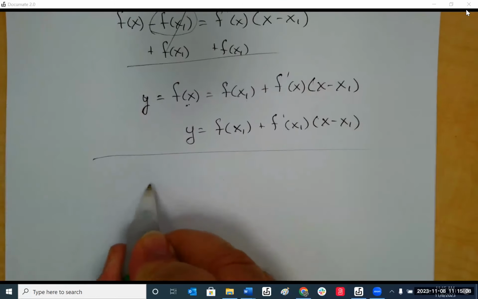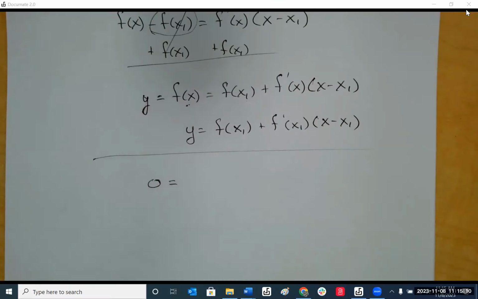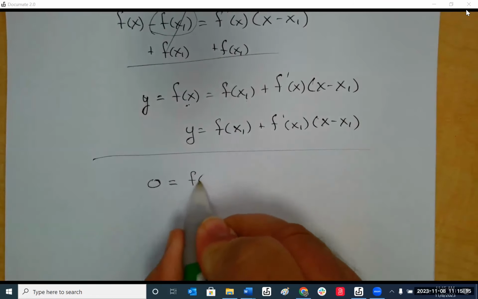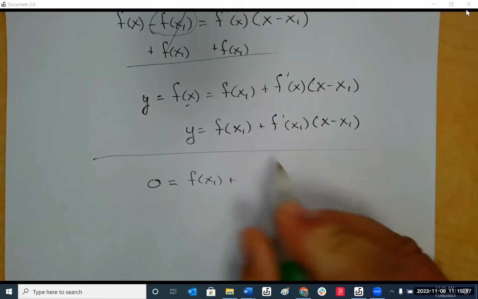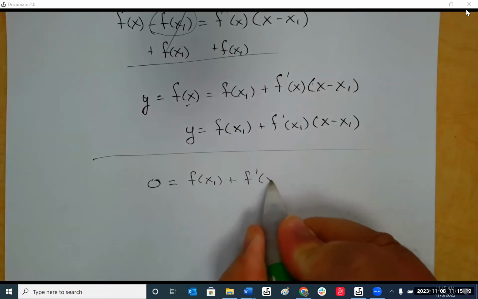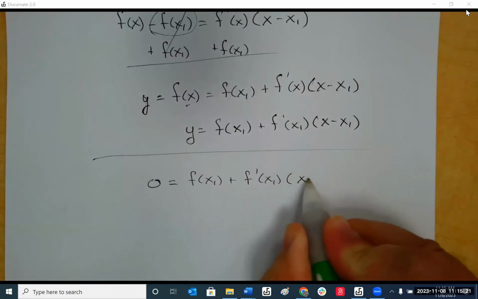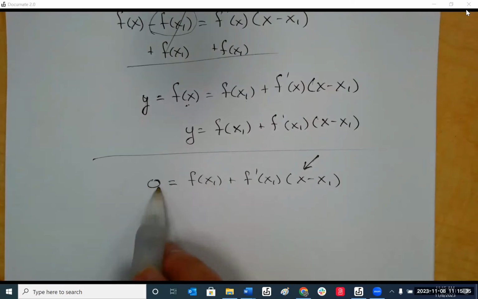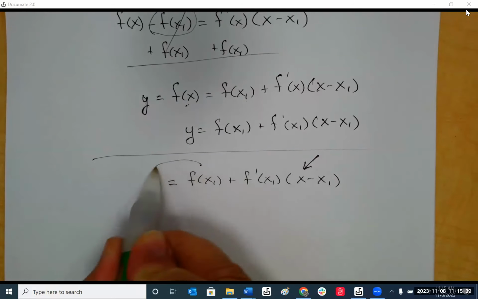Now, if we set this thing equal to 0, because we're looking for where it crosses the x-intercept, we have f of x1 plus f prime of x1 times x minus x1. So now we're going to solve for x. We set y equal to 0, now we solve for x. So move this one over first.